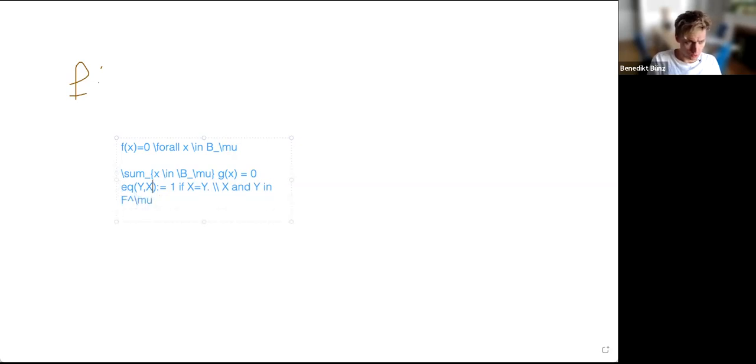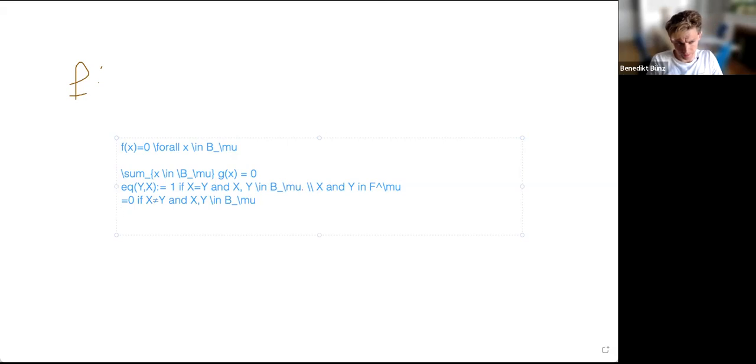It's 1 if x equals y, for x, y in the Boolean hypercube B_mu, and it's 0 if x is not equal to y, for x, y in B_mu.